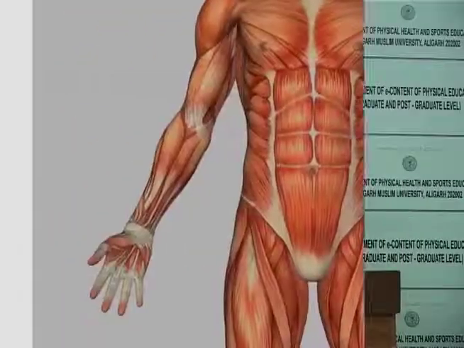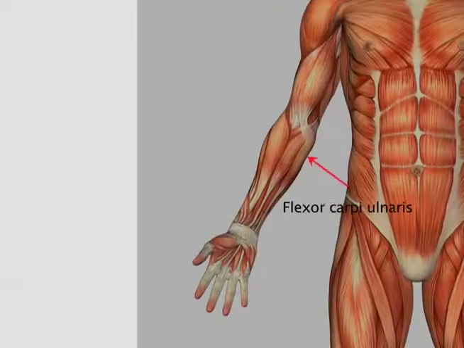So first is the flexor carpi ulnaris muscle. This muscle originates from the medial epicondyle of the humerus, from the anterior surface of the medial epicondyle of the humerus, and is inserted over the palmar side of the second metacarpal bone.